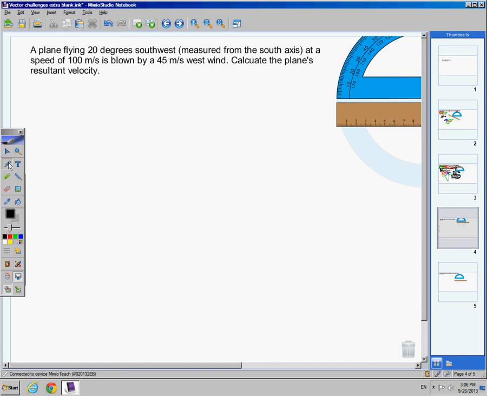So first thing I do, I know that this plane is flying 20 degrees southwest. So if I were to come here, actually, let me do this differently. Let's do my horizontal line. May not be perfect. We get the idea. First vector, 20 degrees southwest, measured from the south axis, which means that this is my 20 degree angle. This is my vector.